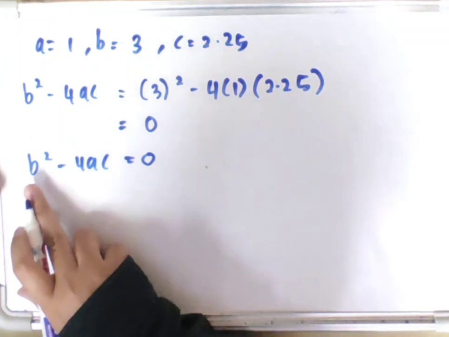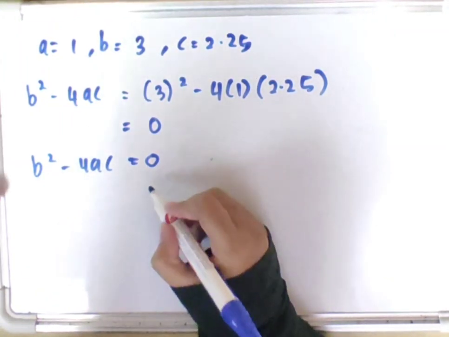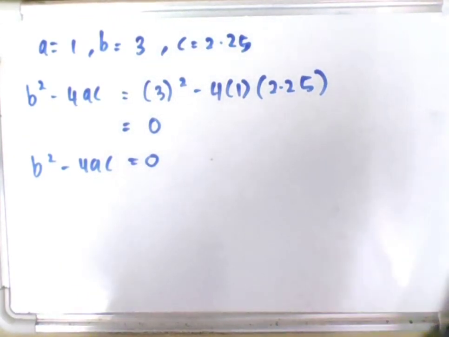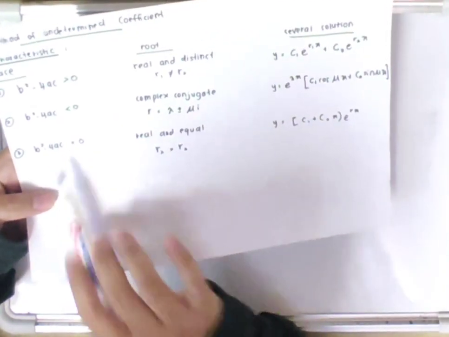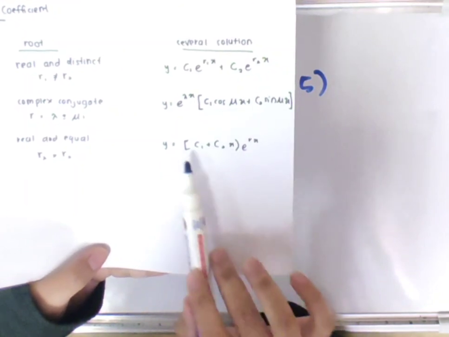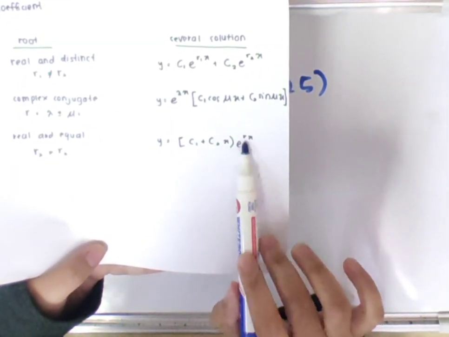So if you look at this, the discriminant is equal to 0, so it refers to case 3. We use the solution y equal to (c1 plus c2 x) multiplied by e to the rx.